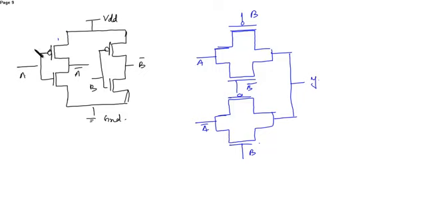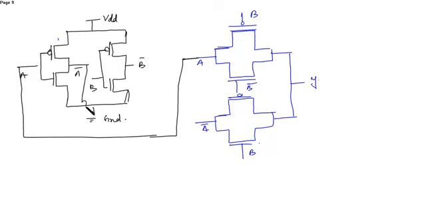This A will be connected from here. A from here, A bar to here. Okay, this A will be connected to here. Now this A bar will be connected here.